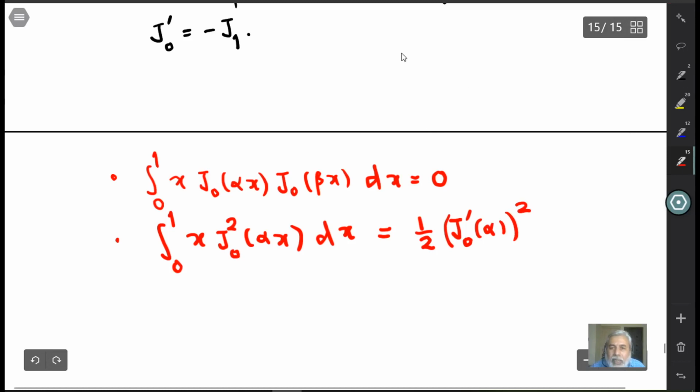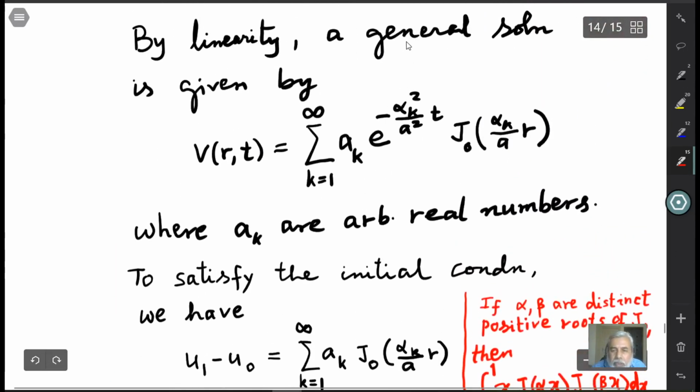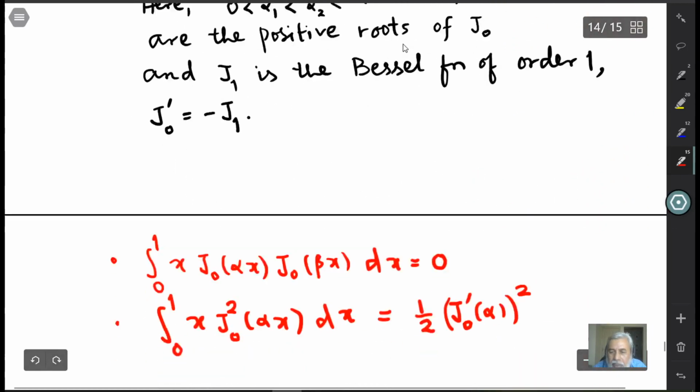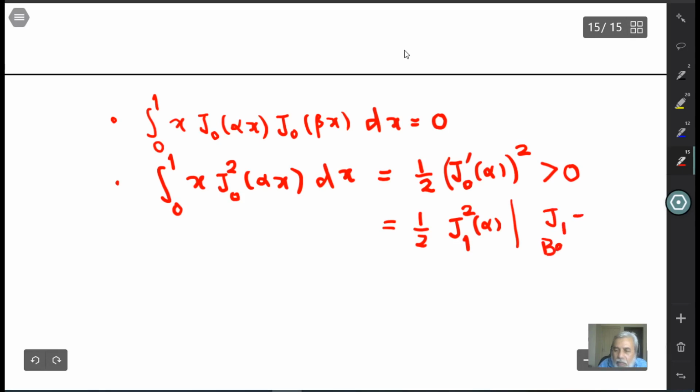As I commented, all the roots of the function J0 are simple, so this is strictly positive. In fact this can be expressed as half J1(alpha) squared, where J1 is the Bessel function of order 1.